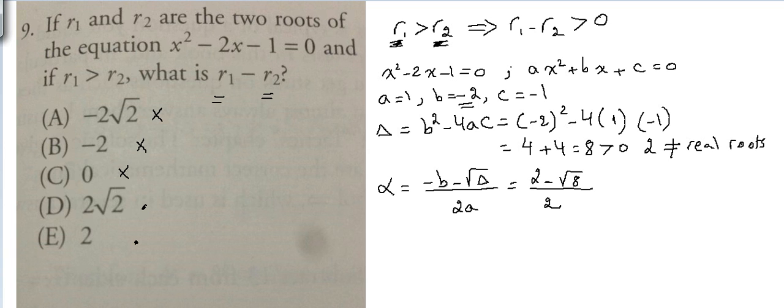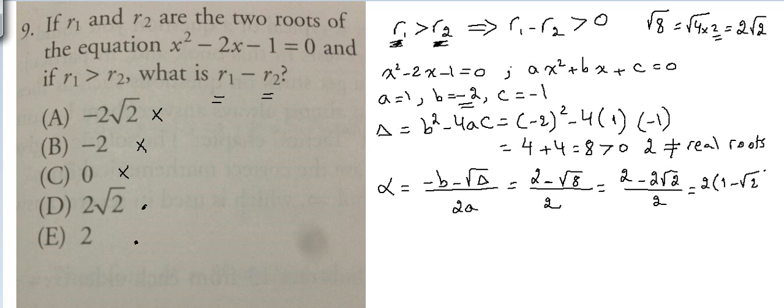Now, radical 8 is radical 4 times 2, and we can take the 4 out of the radical as 2, and radical 2 stays inside. So the answer is 2 minus 2 radical 2 over 2. Here we can have 2 as a common factor. 2 divided by 2 is 1, minus 2 radical 2 divided by 2 is radical 2. Simplify, and we will have the answer as 1 minus radical 2.